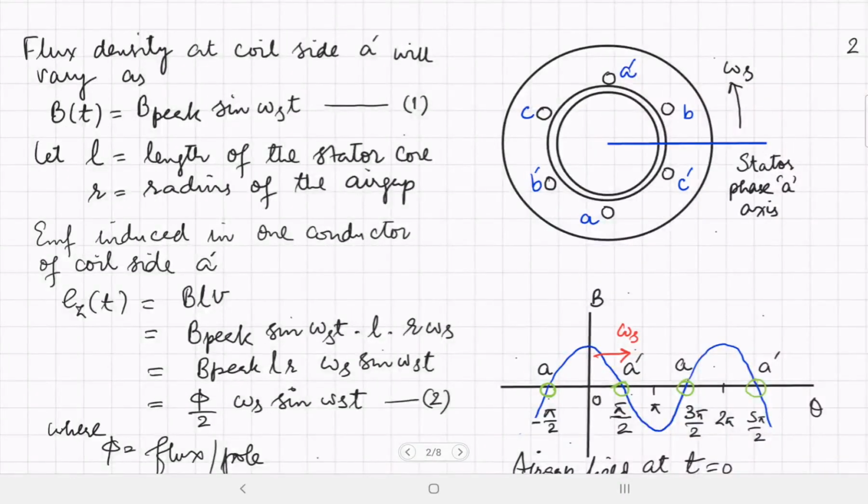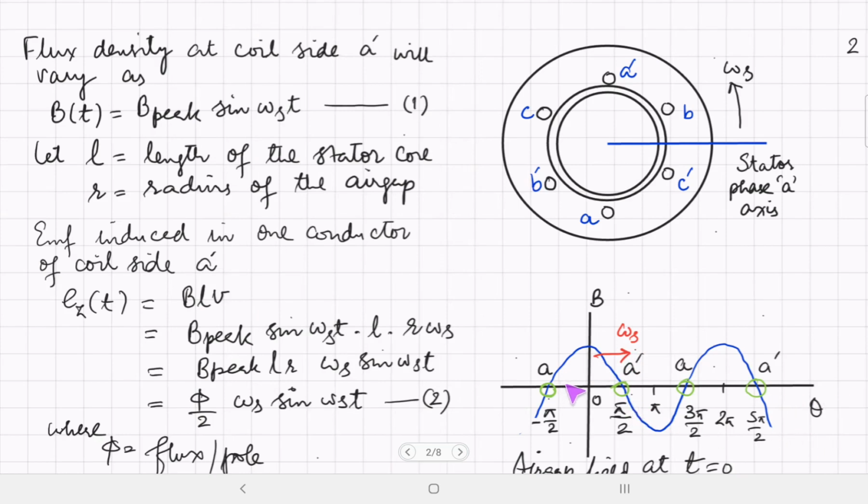The rotation of the magnetic field in the air gap will correspond to the movement of this sinusoidal wave towards right at a speed omega s.